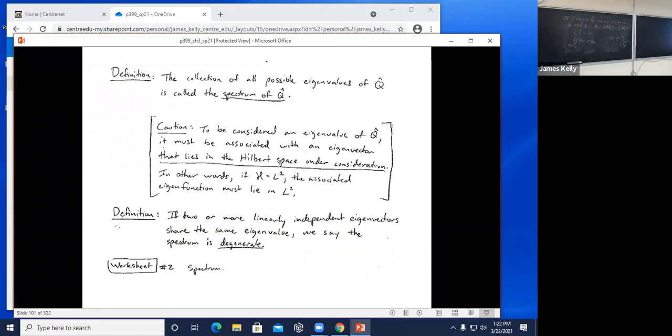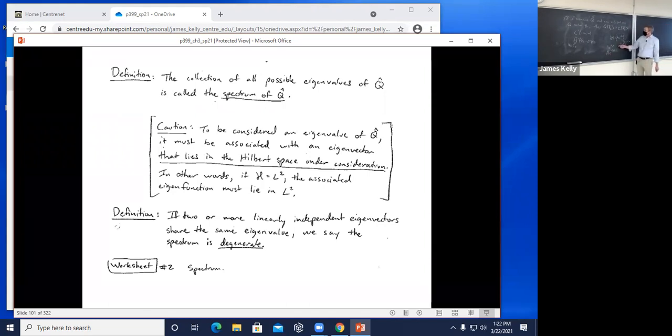I know I just made an argument that we shouldn't really consider this to be an eigenvector, but if I take a particular k, say k0, A e to the i k0 x, and here's another linearly independent function, A e to the minus i k0 x, these are linearly independent of each other. One is not a multiple of the other, for sure.